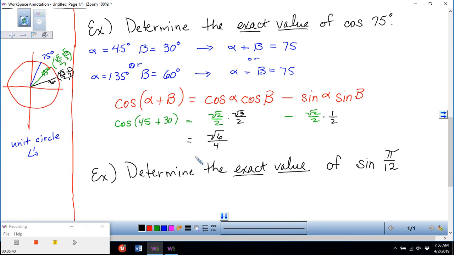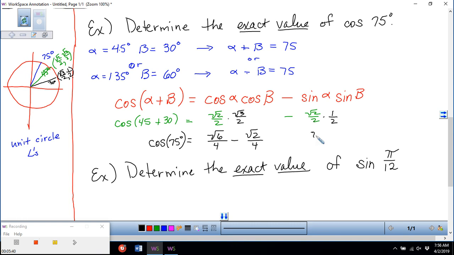So I have square root of 6 over 4 minus, multiplying over here, square root of 2 times 1 is the square root of 2 over 2 times 2 is 4. This would be my exact value for the cosine of 75 degrees.